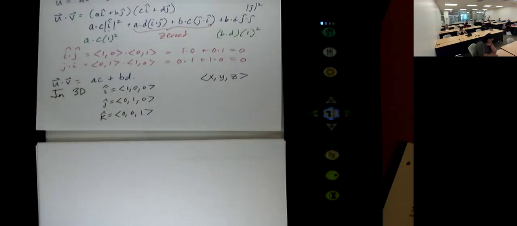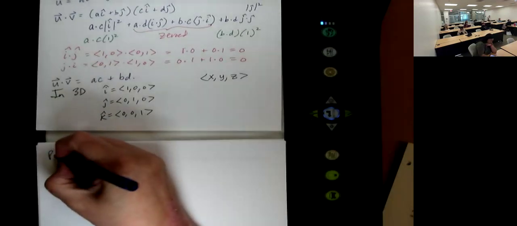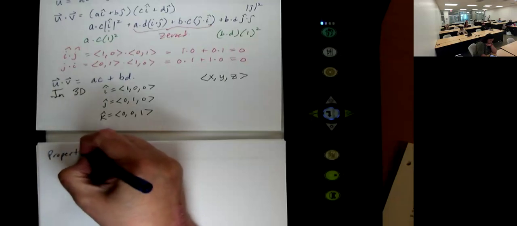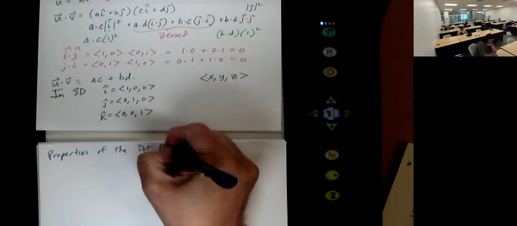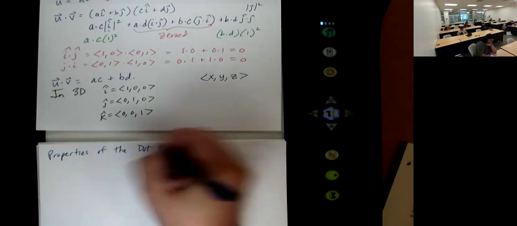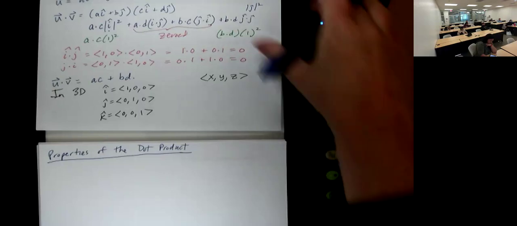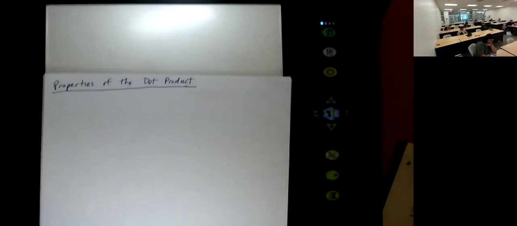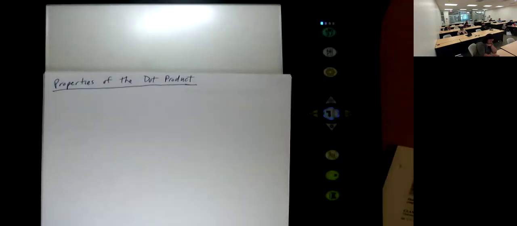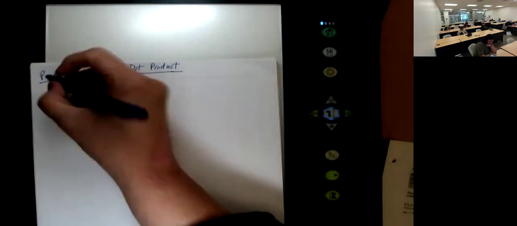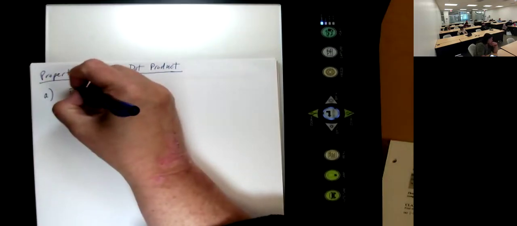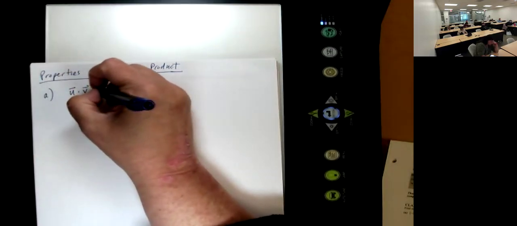So we will find the properties of the dot product. First one, u dot v is the same as v dot u.